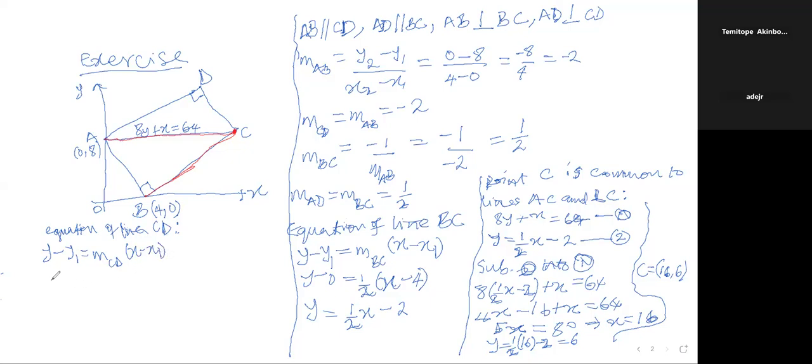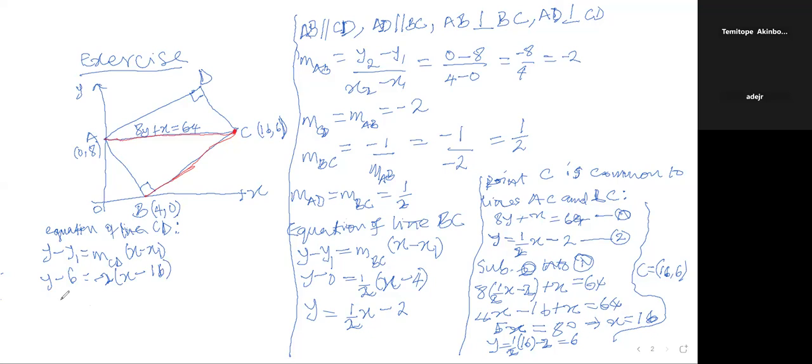So our point for that is point C. So x1, y1 is 16, 6, that we have determined for C in the first part of the question. So you have y minus 6 equals m_CD, which is minus 2, times x minus x1, which is 16.